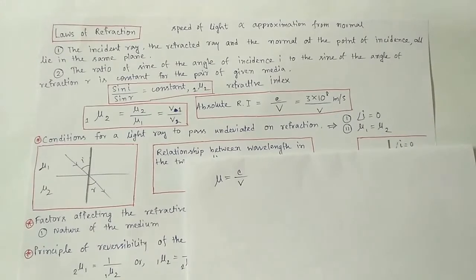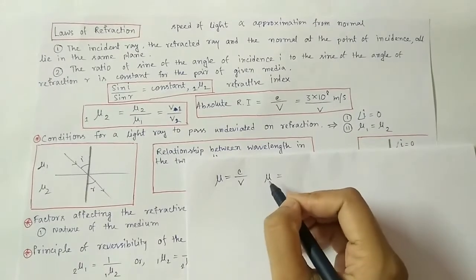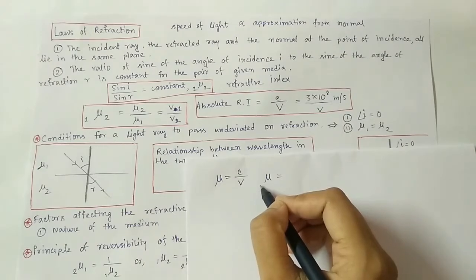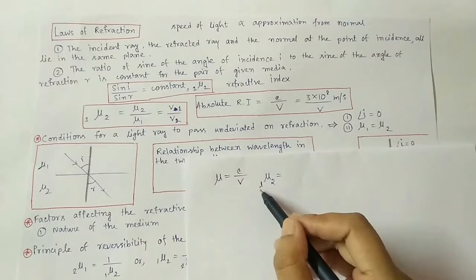The refractive index mu is equal to c by v, where c is the velocity of light in vacuum, while v is the velocity of light in the medium whose refractive index you have to determine. When mu is determined between two different media rather than air or vacuum, it can be written as, suppose, 1mu2.